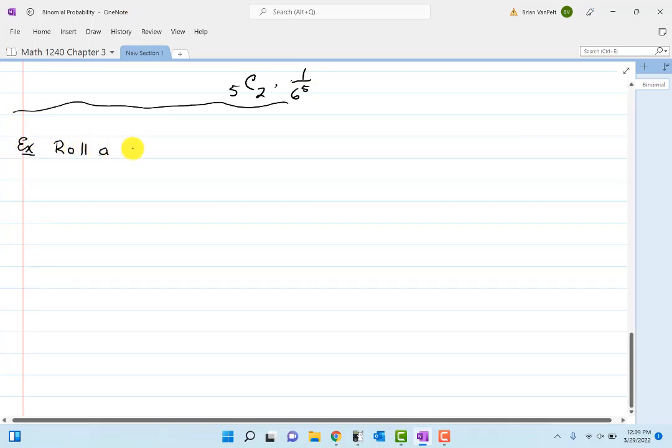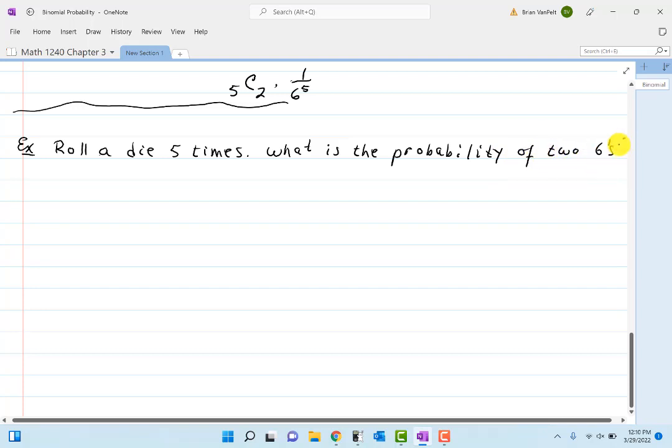Roll a die 5 times. What is the probability of 2 6s? This is a slightly different question than the previous one.